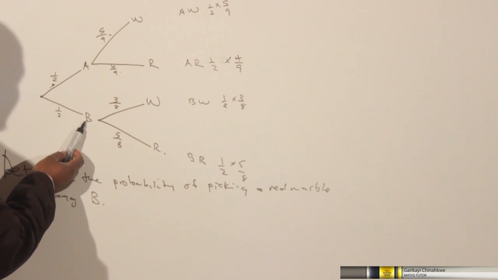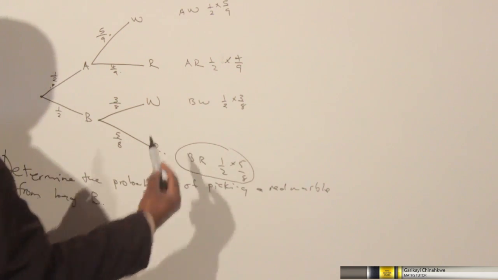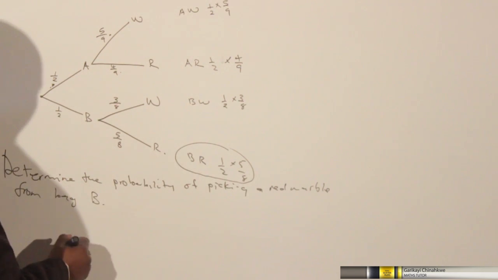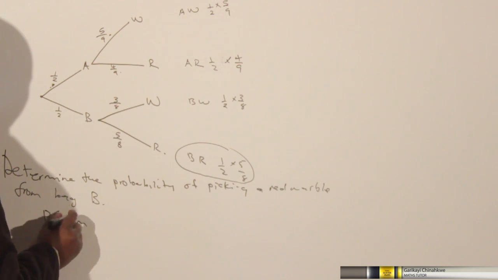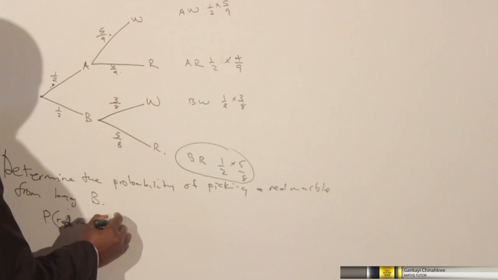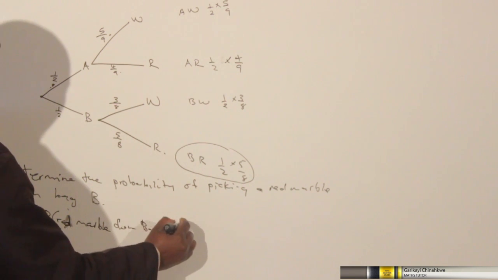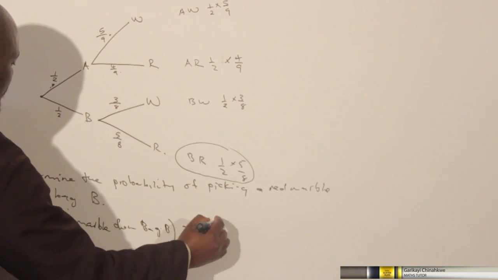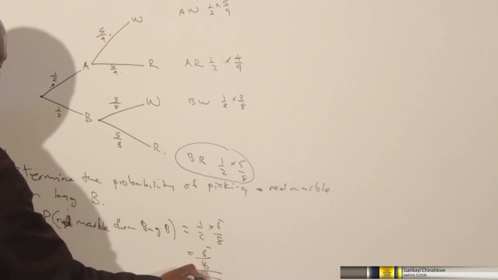So this is bag B, a red marble. So we take this. This is the one that we need. So in other words, we're going to say probability of red marble from bag B. I'm just going to say half multiplied by 5 over 8, which gives us 5 over 16.